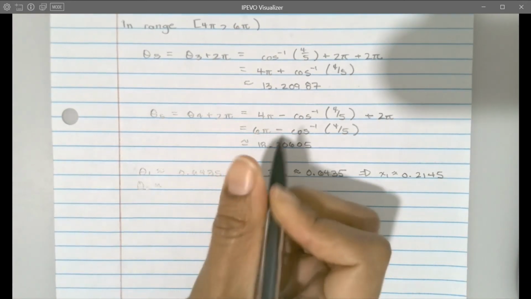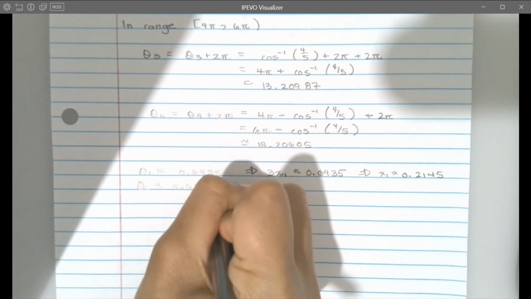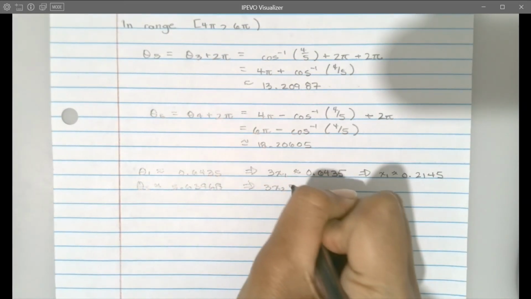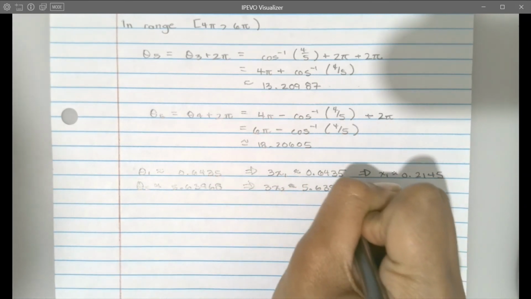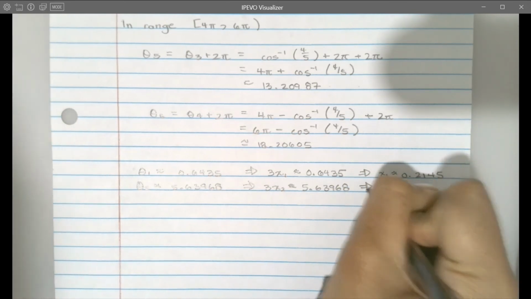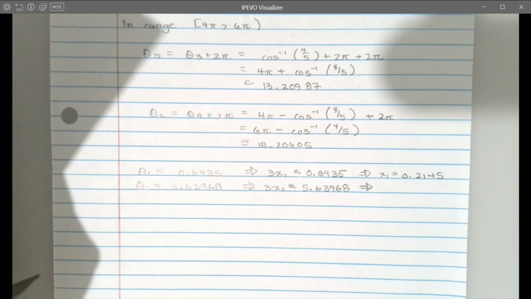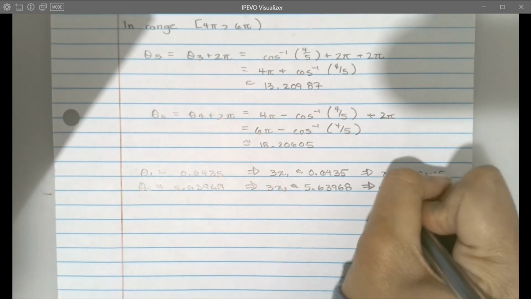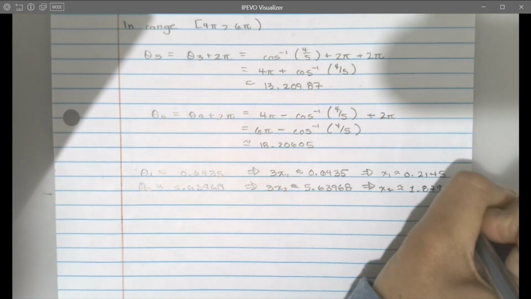The next one, theta 2, was approximately 5.63968, which means that 3 times x, which I'll label x2, has to be approximately 5.63968. And if we divide that quantity by 3, let's see what we get. 5.63968 divided by 3, we're going to get 1.87989.